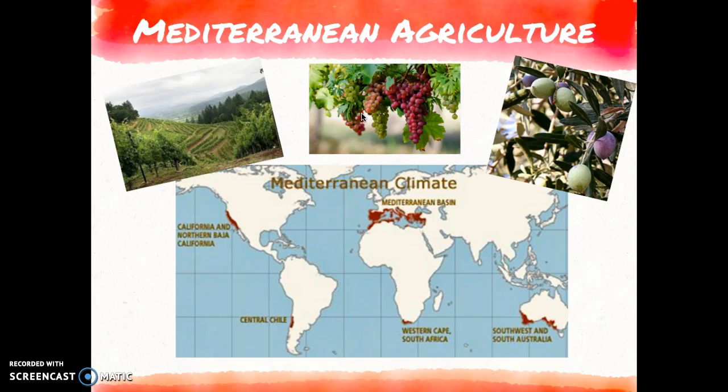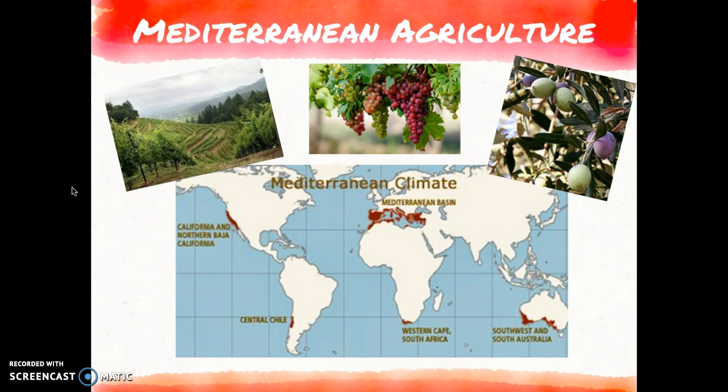Okay, Mediterranean agriculture. This is done in a Mediterranean climate, and so it originates here in the Mediterranean basin, but we also see it in similar climatic areas like California, Australia, and South Africa. This land has a lot of rolling hills. You can check it out here. And it may even have mountains. This type of agriculture is devoted to diverse specialty crops.